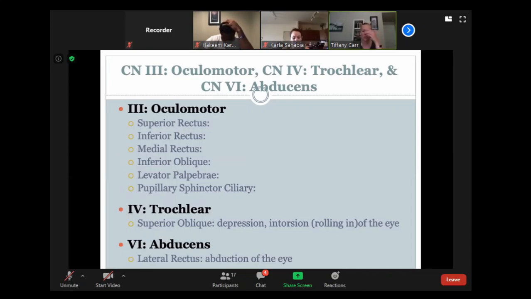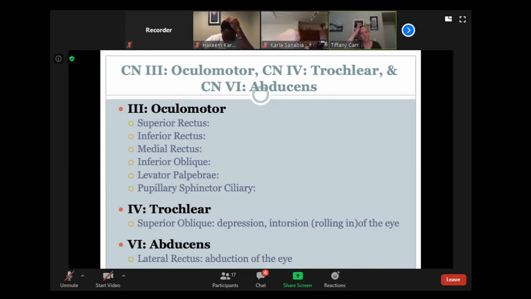So it's going to cause it to pull in. So whenever we have a deficit with the superior oblique, that eye is going to pull down and out, because it's not going to have control over pulling it up and in.